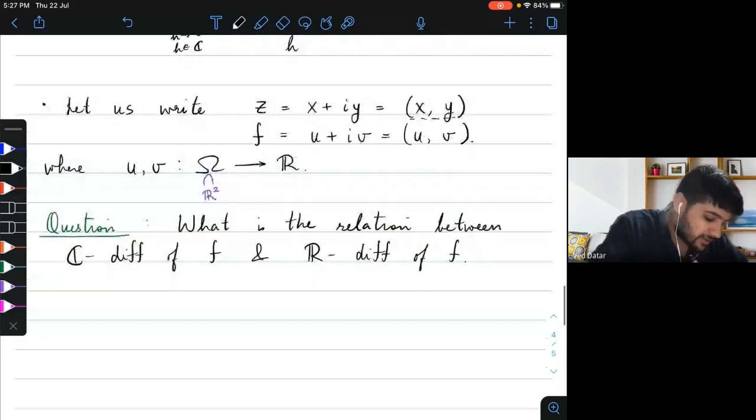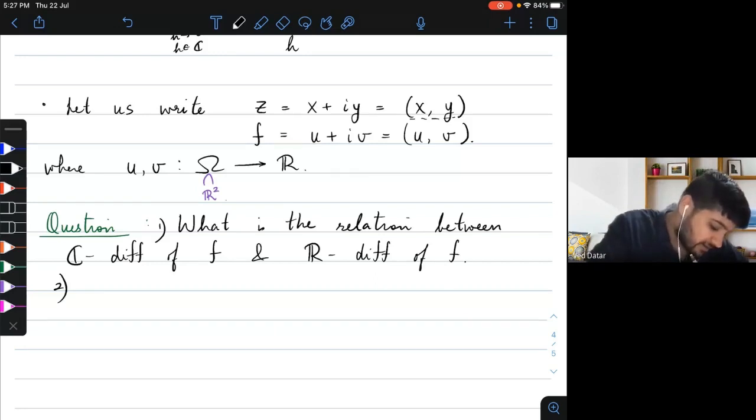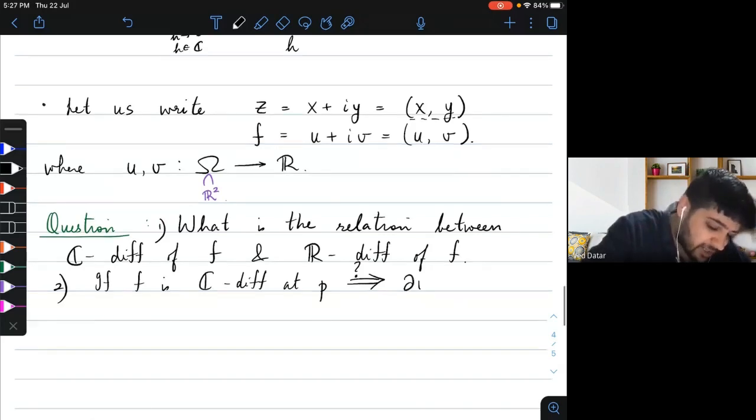This is the first question, and the second question is a slightly weaker question. If f is C differentiable at this point p, I want to ask, does this imply that the partial derivatives exist?